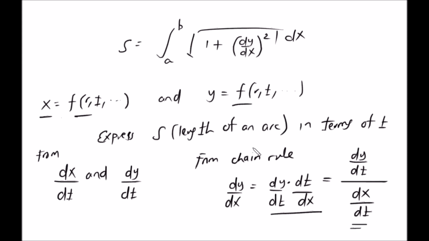So now we want to express s in terms of t. Manake hii dy dx hapa, si ndo tutaireplace na dy dt over dx dt. Kwa hiyo sasa our length of an arc itakuwa ni sawa na we integrate from a mpaka b. Kumbuka hii ni x equals to b na x equals to a.